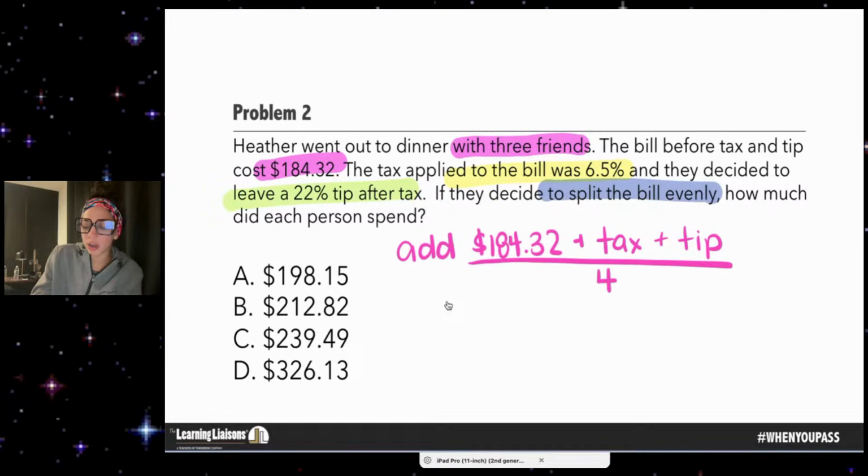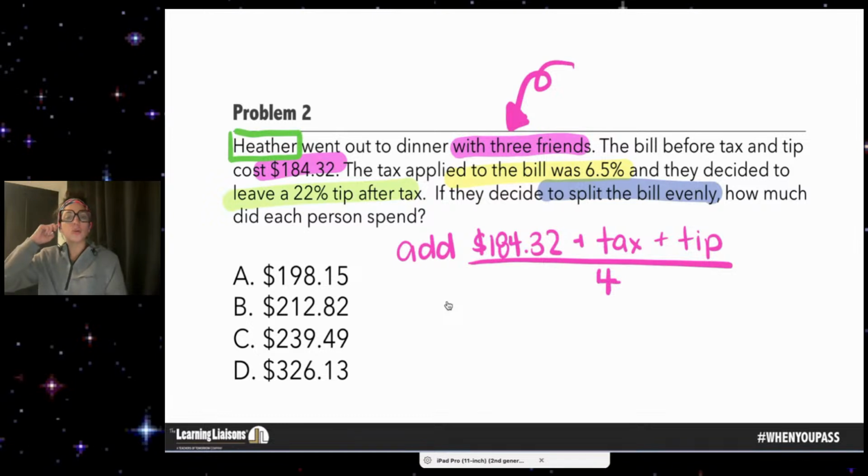That is error number 1 people are going to make in this problem. They are going to divide it by 3 because they're sharing it with 3 people. However, Heather also is at this dinner. So if Heather is at this dinner, then she is also splitting this bill. So we're dividing it by 4 people.